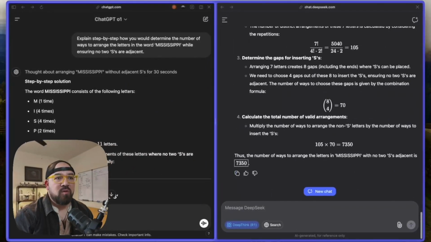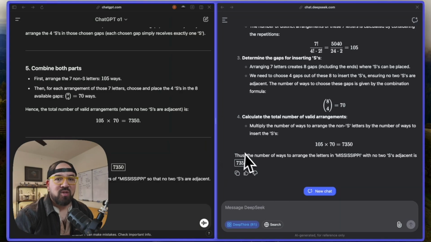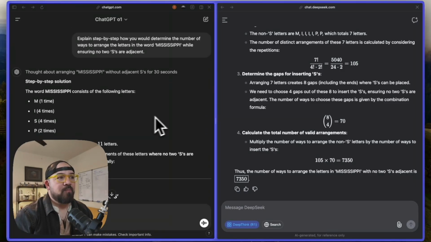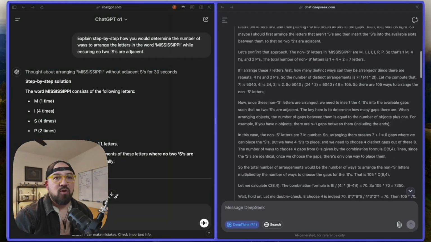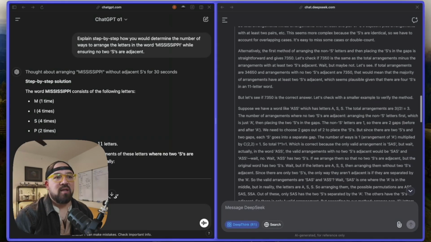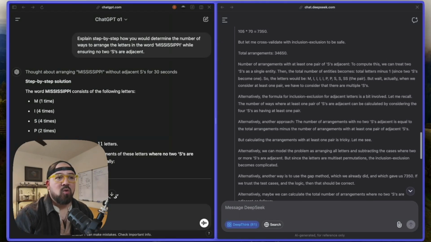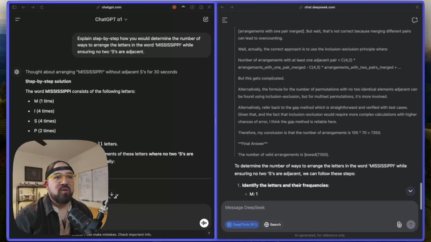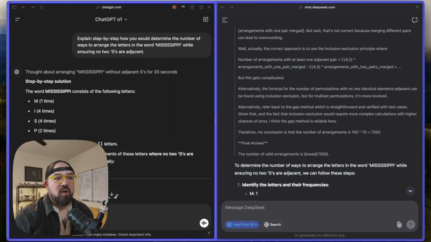But both came up with the same answer, 7,350, and the approaches are the same. However, another big difference is, as you notice as I'm scrolling on the right side, R1's chain of thought and the thought process is a lot more visible. And so there's a lot more information being shared from R1 that we can see exactly what the final answers are.